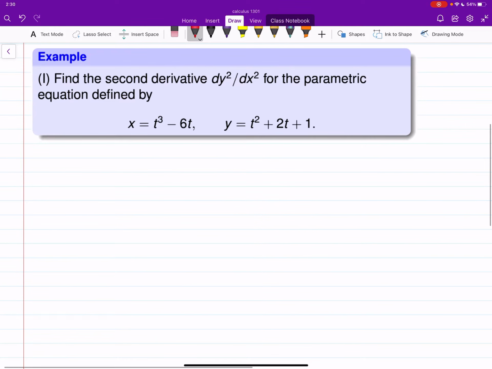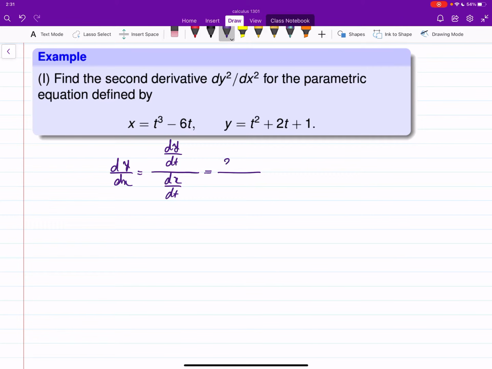So find the second derivative of this one. Here, first we have to find the first derivative, and the theorem says that you differentiate both of these with respect to t, and then divide the derivative of y by the derivative of x.